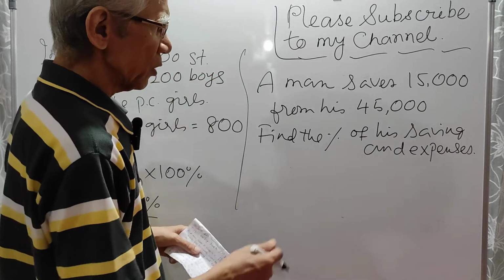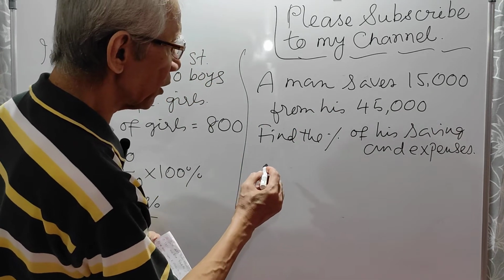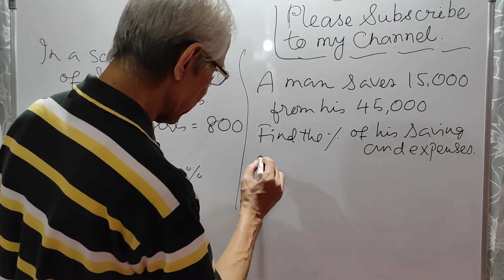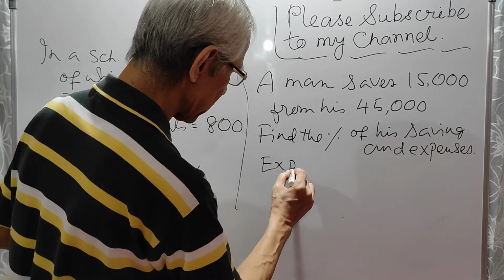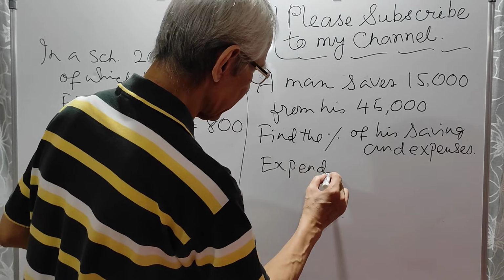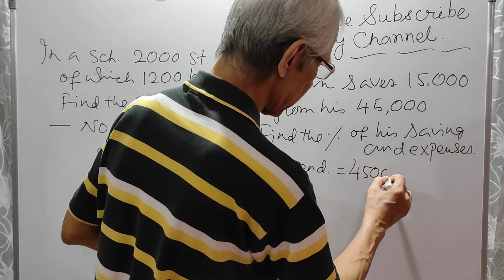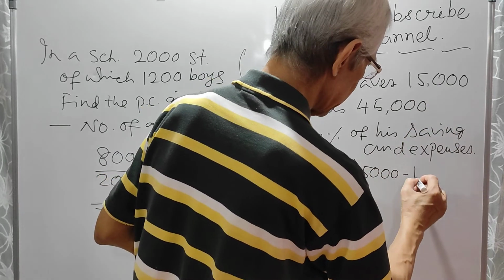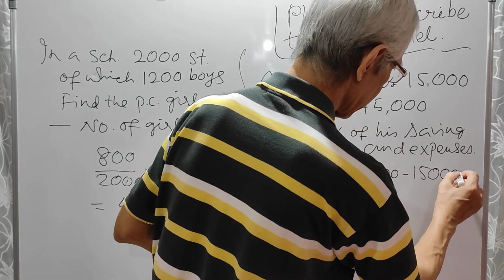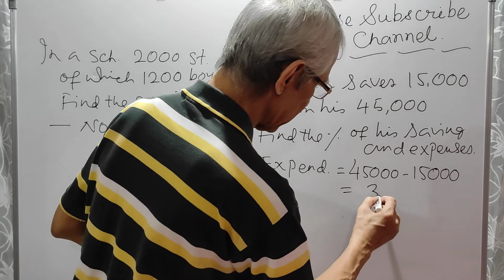First of all, you find out his expenditure. So what is the expenditure? 45,000 minus 15,000, that means 30,000.